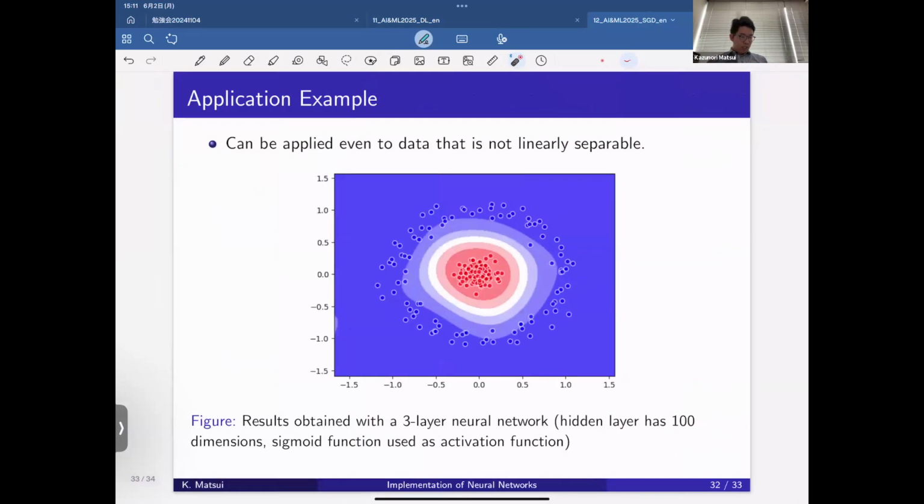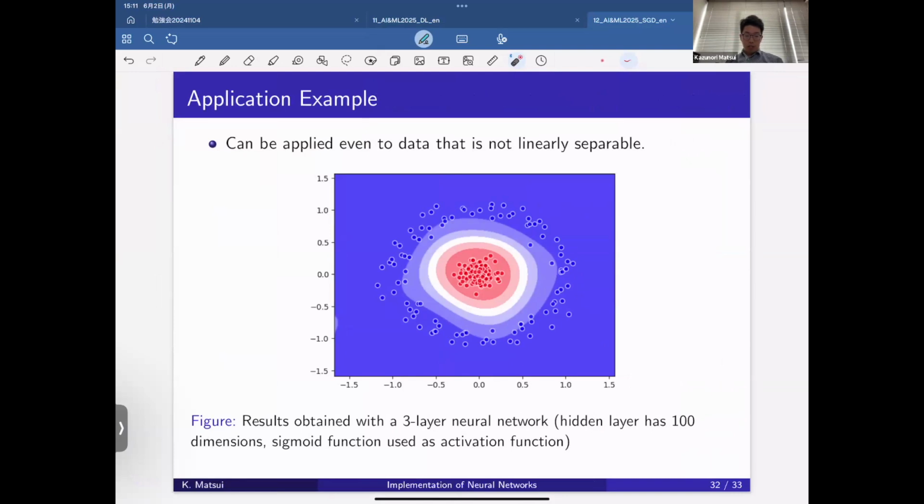This is what we get when we determine parameters using the backpropagation method for actual data. This is a three-layer neural network with a hidden layer of 100 dimensions.